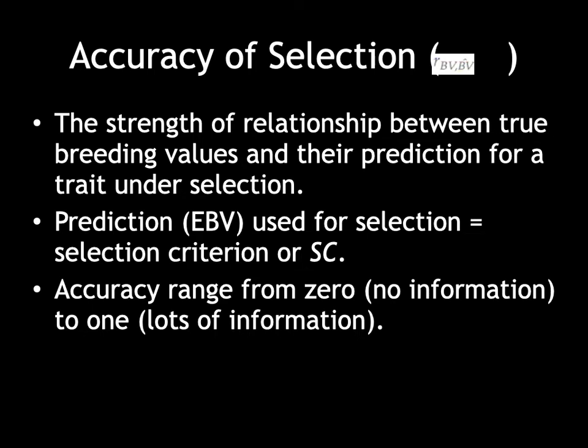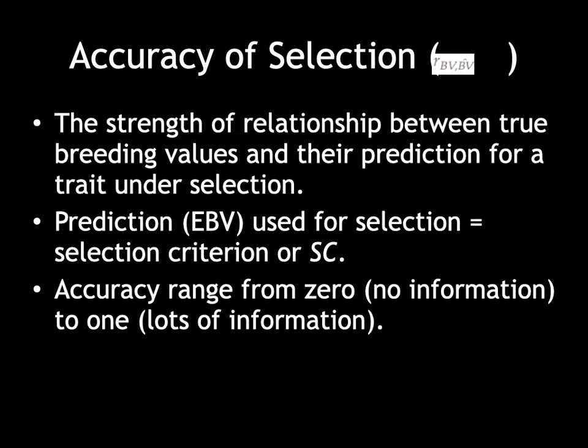The first one is accuracy of selection. This is actually the strength of the relationship between true breeding value and the prediction for a trait under selection, the trait that we want to improve. The prediction is actually the EBV, expected breeding value, which is used for selection, what we call the selection criterion, or SC for short.